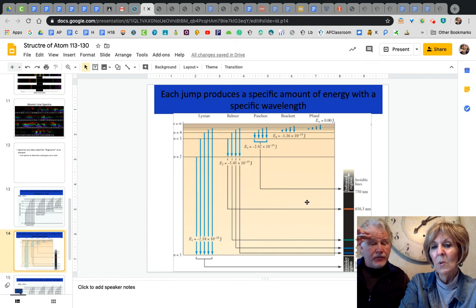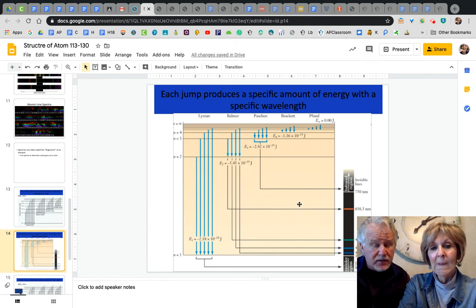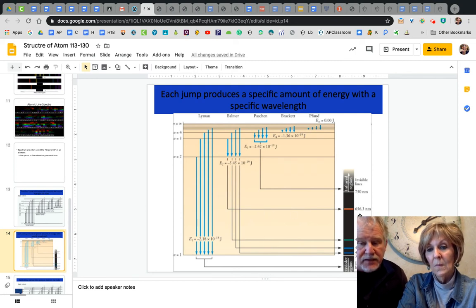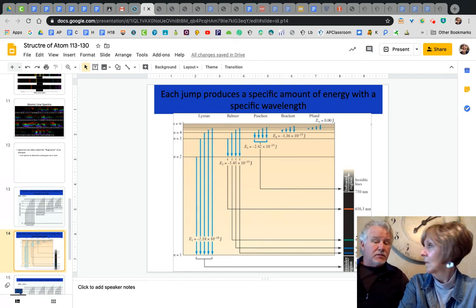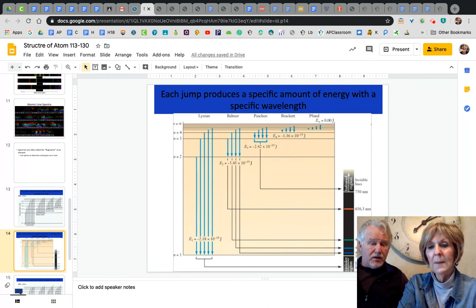That is so cool. And the other thing you can notice about this is if you go from left to right, 3 to 2 is going to be the lowest energy transition because the gap between 3 and 2 is the smallest. 4 to 2 is going to be a little higher energy. And so if you look at these wavelengths, you go from 656 up to 486. 486 is a higher energy wavelength, or a higher frequency wavelength, however we want to describe it.